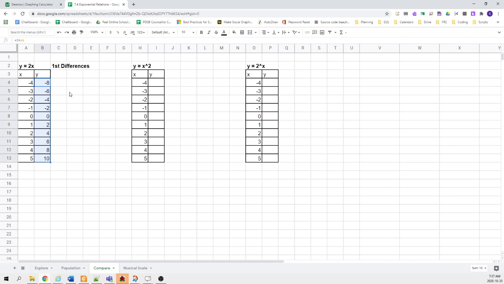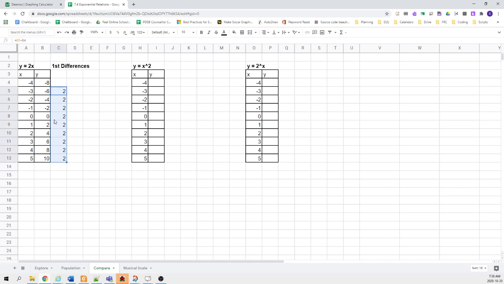If we calculate first differences here, so we want to do B3 minus... B5 minus B4, and do that for all of the pairs of y values.